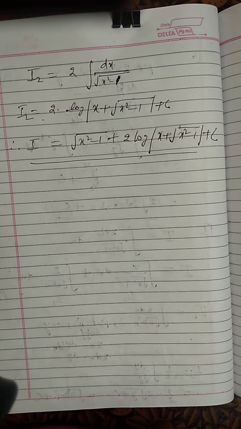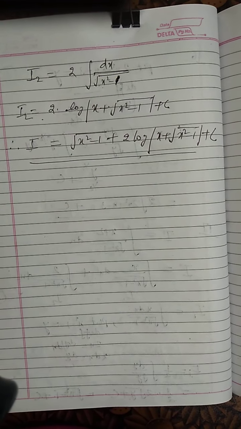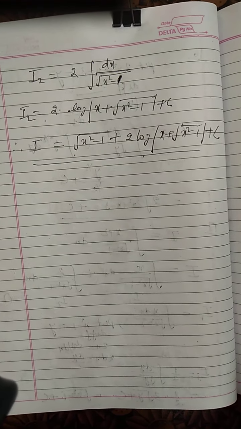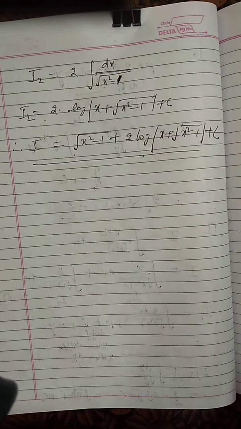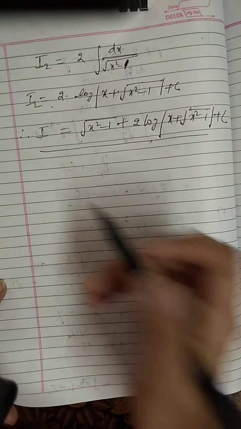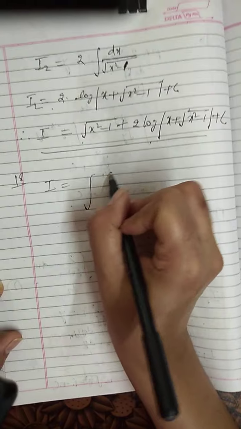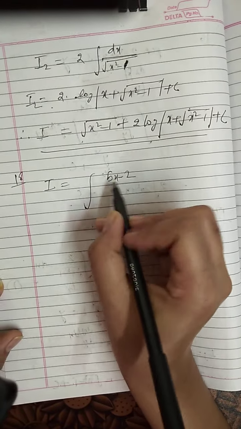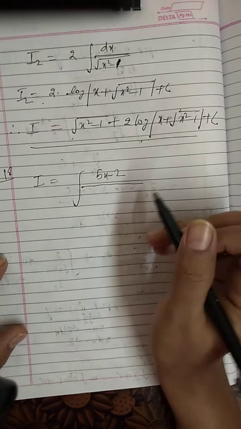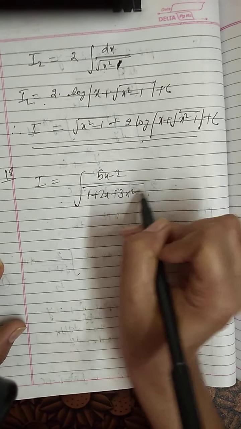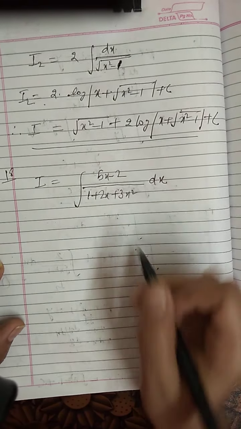First of all, separate the terms. Here also sum number 18. Let me show you one interesting thing here. It is given 5x minus 2 divided by 1 plus 2x plus 3x square dx.